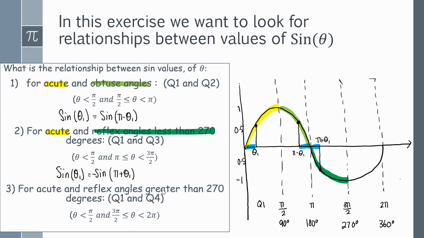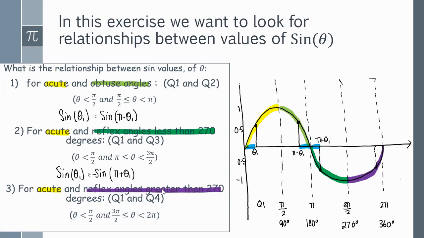Lastly, let's look at my acute angles and then my reflex angles between 3 pi on 2 and 2 pi radians. Can you see anywhere in this fourth quadrant where the value of sine theta is again maybe negative 0.5? It's not going to be positive, but it might be negative. I'm thinking it's going to be here just near the end.